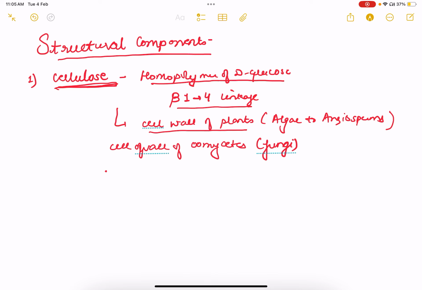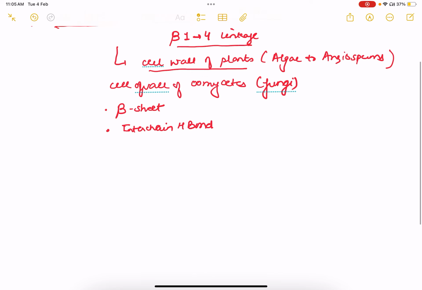Its structure is beta pleated sheets. If it is a sheet-like structure, then the bond is interchain hydrogen bond. This cellulose is synthesized by a plasma membrane enzyme called cellulose synthase.